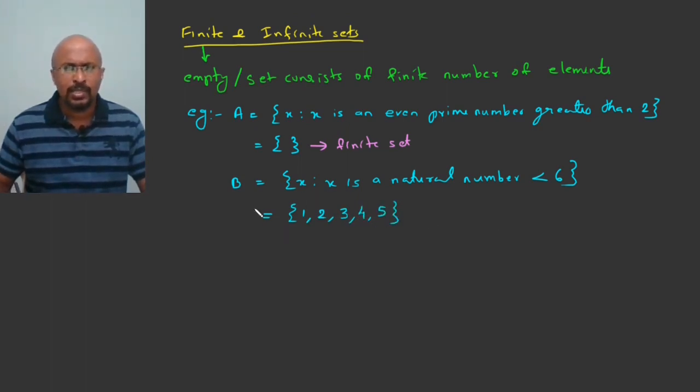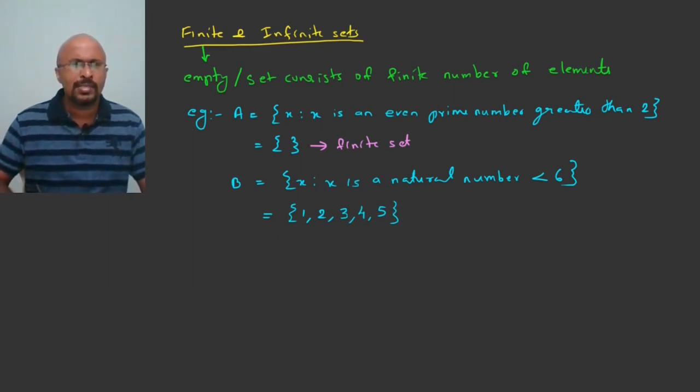So, it consists of only a finite number of elements. So, this set, that is set B, is also an example of a finite set. Now, what is an infinite set? An infinite set is a set that is not finite. That means it consists of an infinite number of elements.